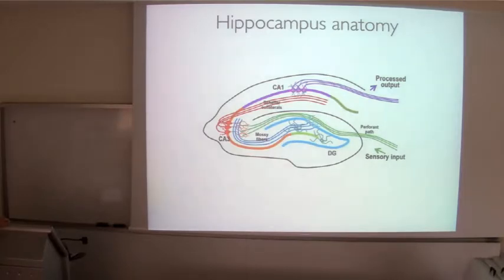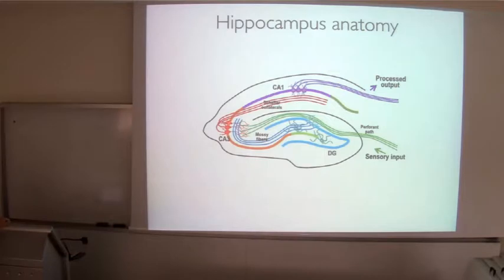The input coming from the cortex through what's called the perforant path goes to the dendrites of the dentate gyrus neurons, but also terminates on the apical dendrites of CA3 pyramidal neurons. The axons of the dentate gyrus go through a bundle of fibers called the mossy fibers, also to the apical dendrites of these CA3 pyramidal neurons.